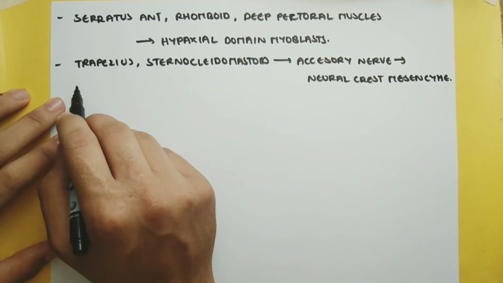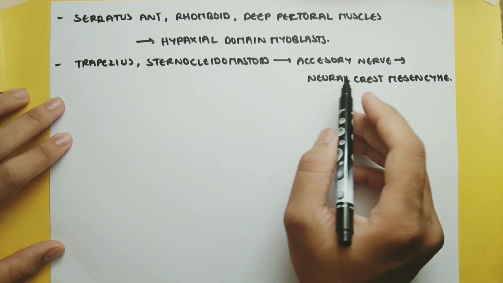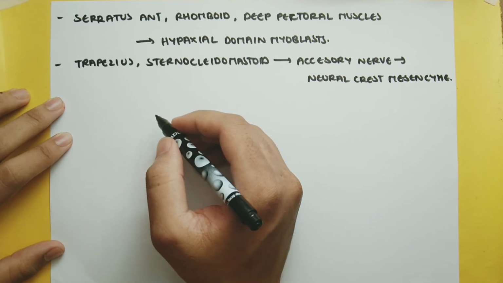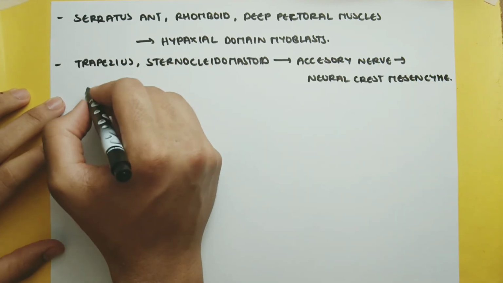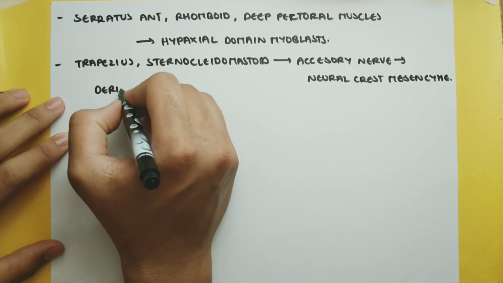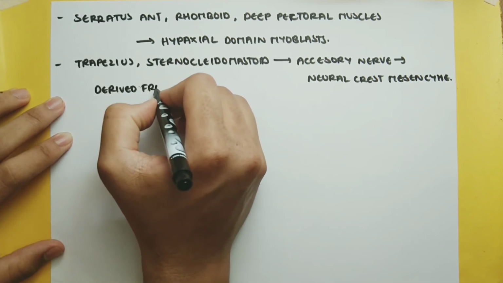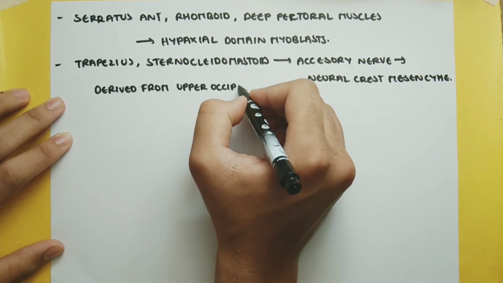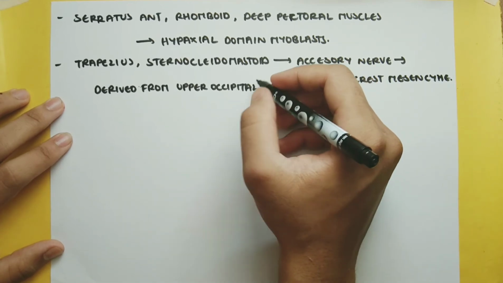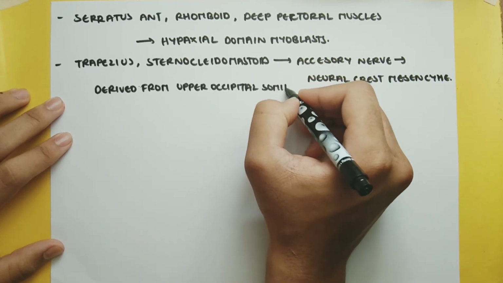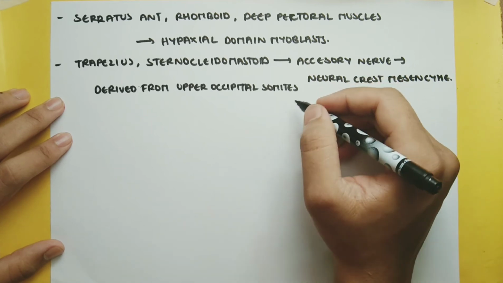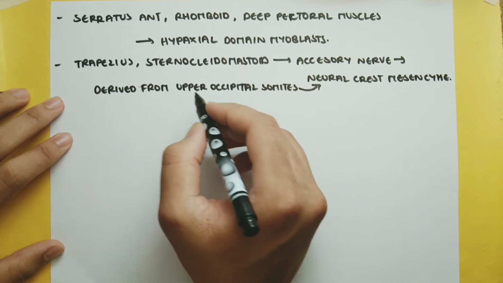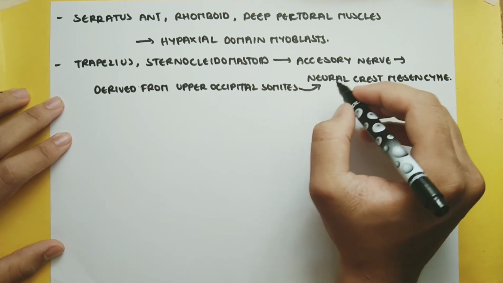These are actually derived from upper occipital somites and migrate into neural crest mesenchyme.